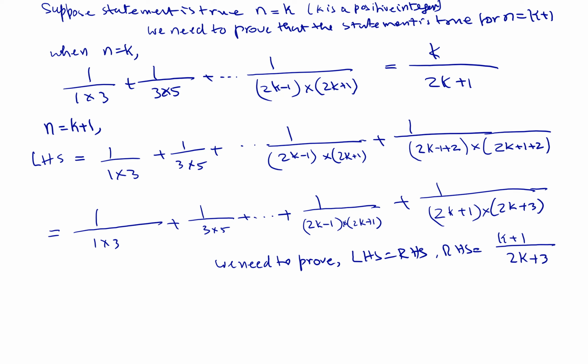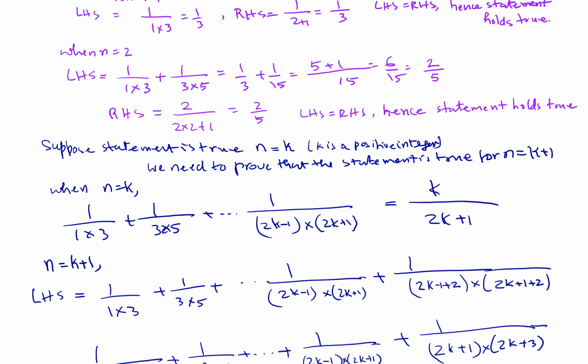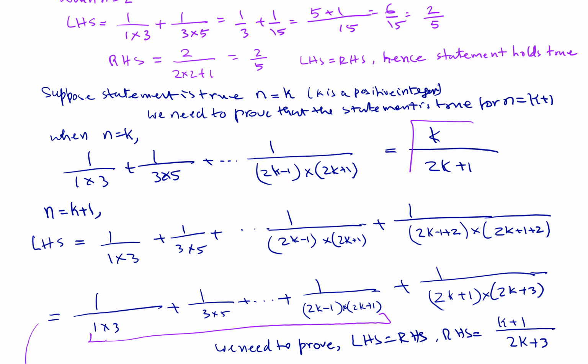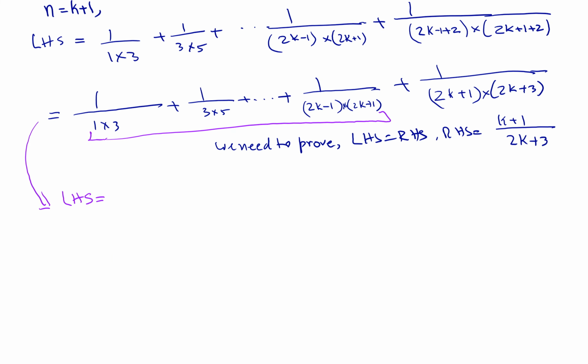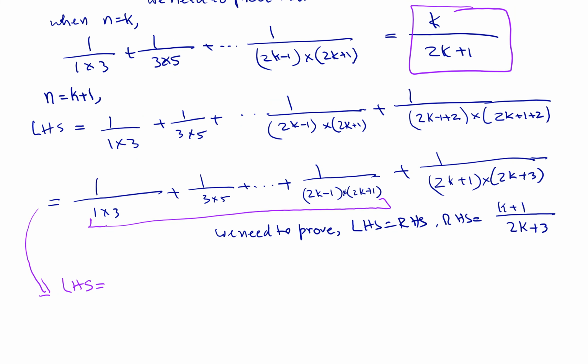Continuing from here, this entire thing we already know is equal to k over 2k plus 1. So I can write that is equal to k over 2k plus 1 plus 1 over 2k plus 1 times 2k plus 3.